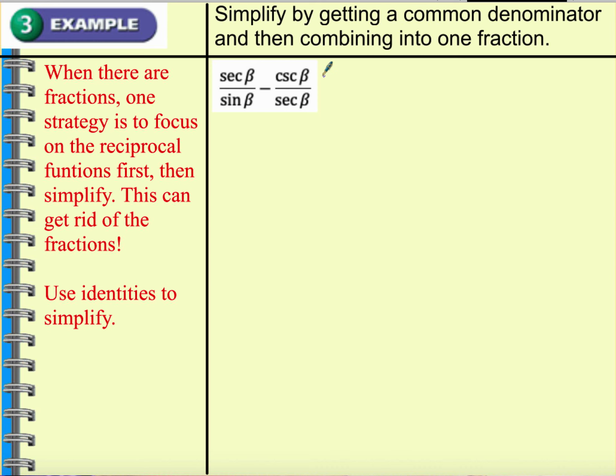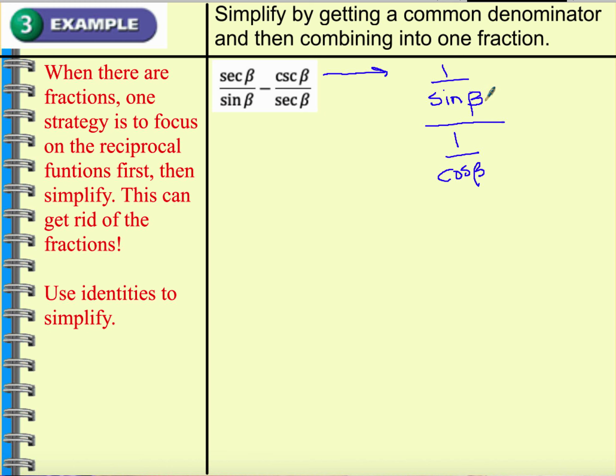I know that cosecant is really 1 divided by sine. Don't forget to write your argument. In this case, it's beta. Now, secant is really 1 divided by cosine. So this has actually created for us a complex fraction, a fraction divided by a fraction.